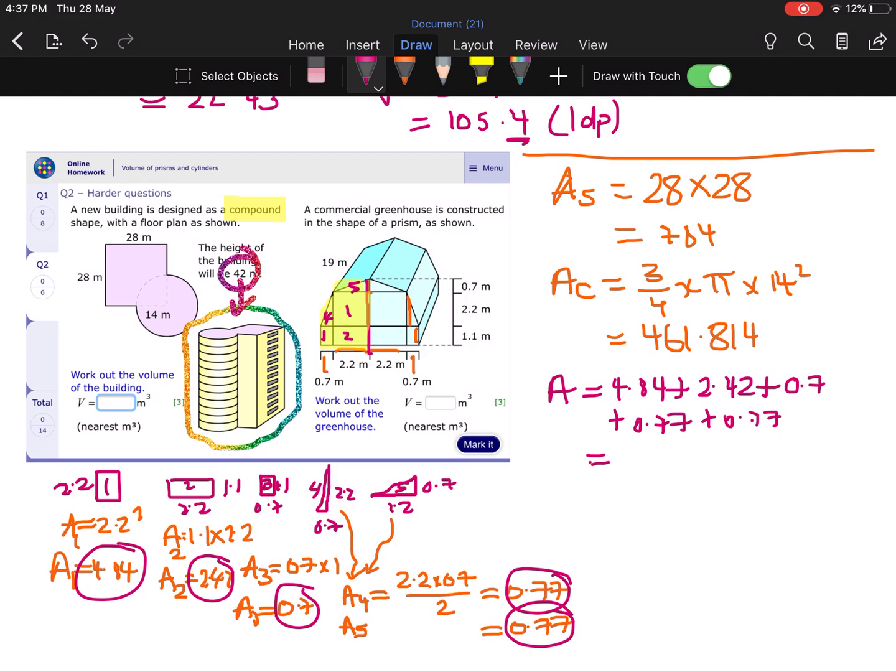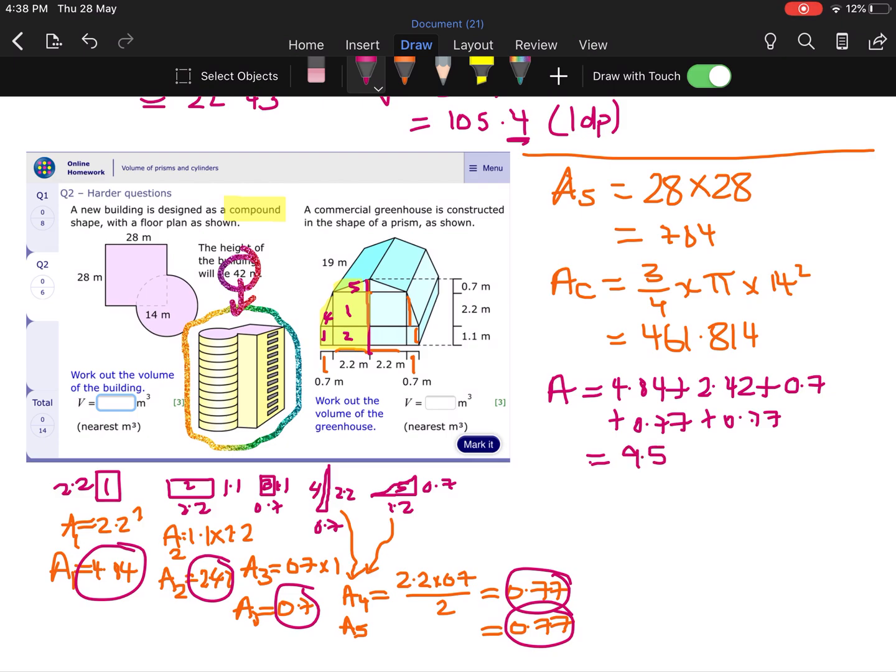So add it all together, 4.84 plus 2.42 plus 0.7 plus 0.77 plus 0.77, which gives me 9.5.